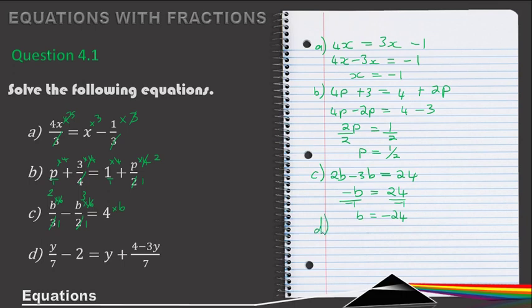For D, here all the fractions are over 7. So I'm just simply going to multiply through with a 7. Okay, keeping this in brackets. Then this 7 cancels with that one. This is just going to become 14. This becomes 7y, and then this 7 cancels with that one.